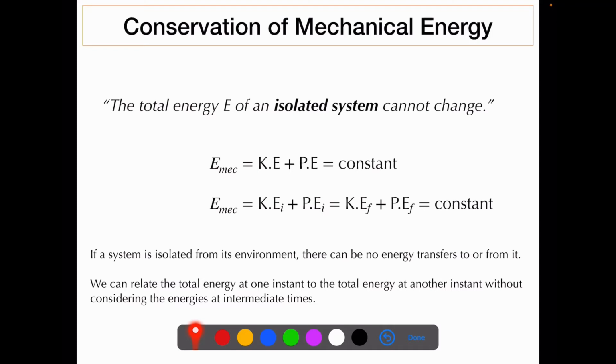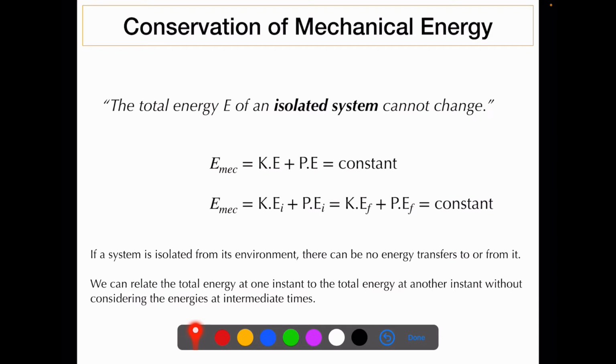For example, in the previous example, the tomato-earth system, the initial position can be the starting point of the tomato, and the final condition is when it reaches its maximum height. So kinetic energy initial and potential energy initial are at the lower position, and final kinetic and final potential energies are at its peak position.